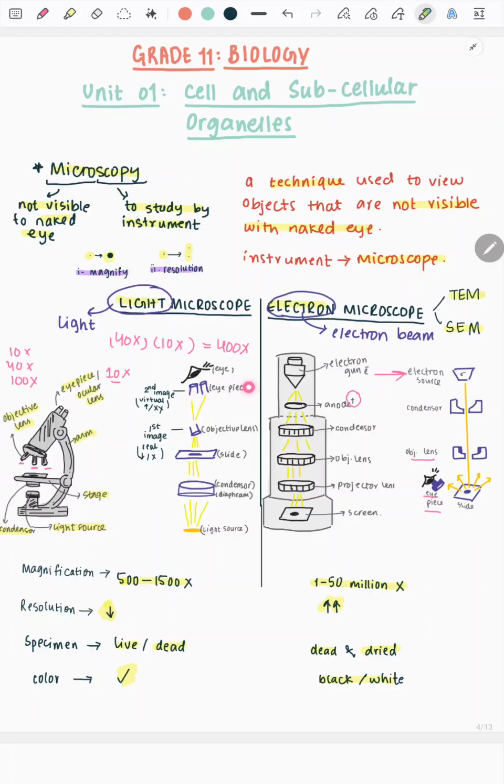The object is visualized with the help of the eyepiece. The magnification and resolution of a light microscope are low as compared to the electron microscope. Live and dead specimens can be observed in the light microscope. However, an electron microscope can only see dead and dried specimens. A light microscope produces colored images, whereas an electron microscope produces black and white images.